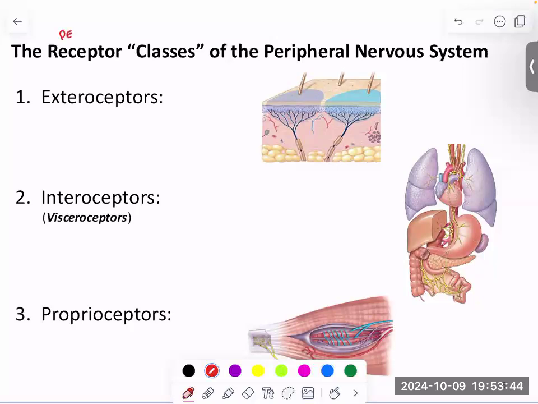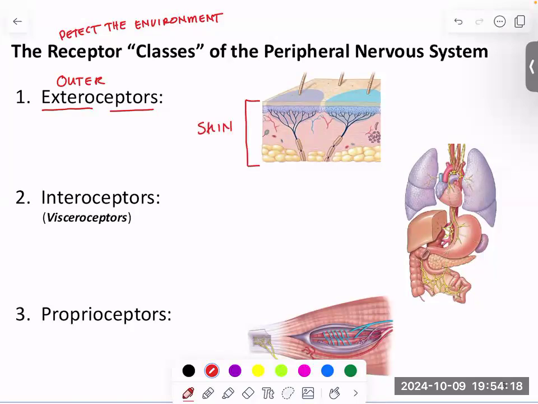Receptors detect stuff. They detect the environment, whether it's outside of the body or inside the body, the internal or external environment. To start, you have your exteroceptors. These are your outer receptors. Most of these are going to be in the skin.